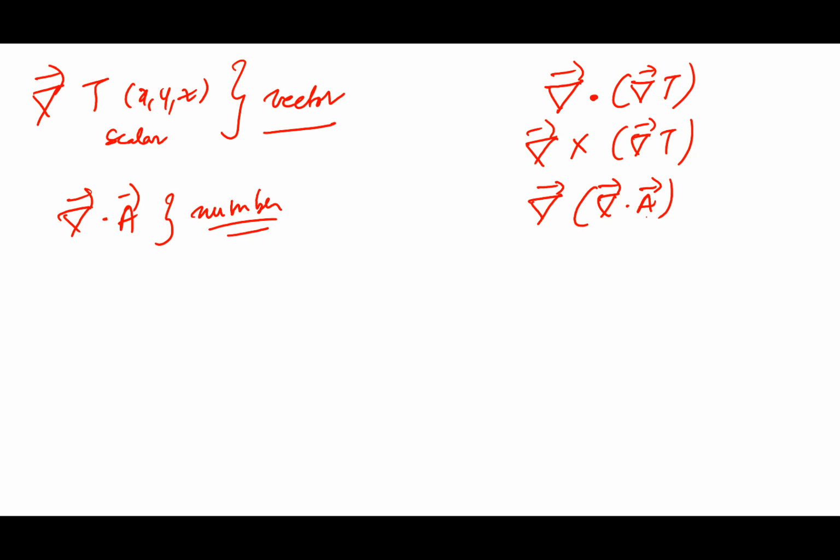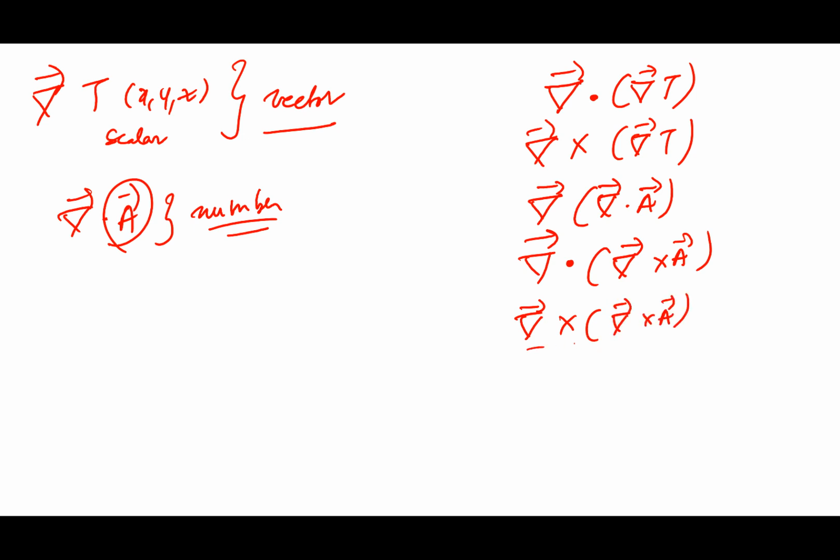And then I can do divergence of curl, because divergence is acting on a vector and curl is a vector. Or I can do curl of curl, because curl is a vector, so I can operate curl on this. So these are 5 different types of second derivatives that there can be.